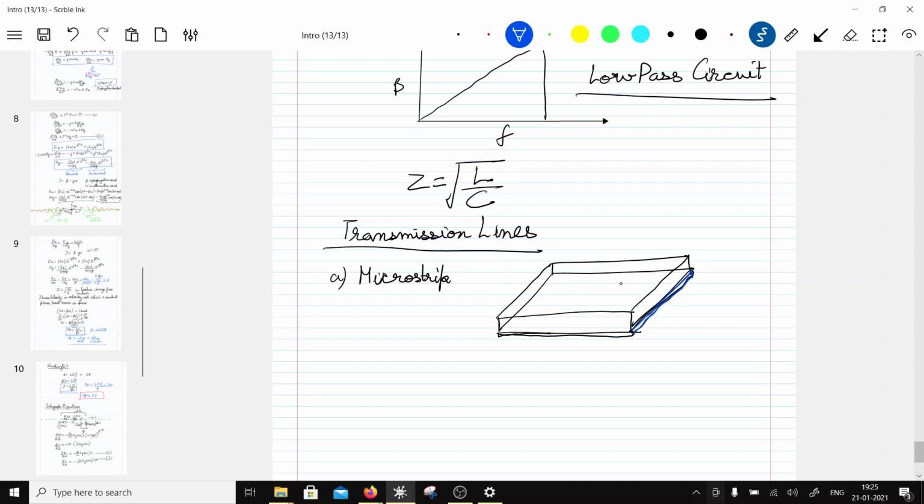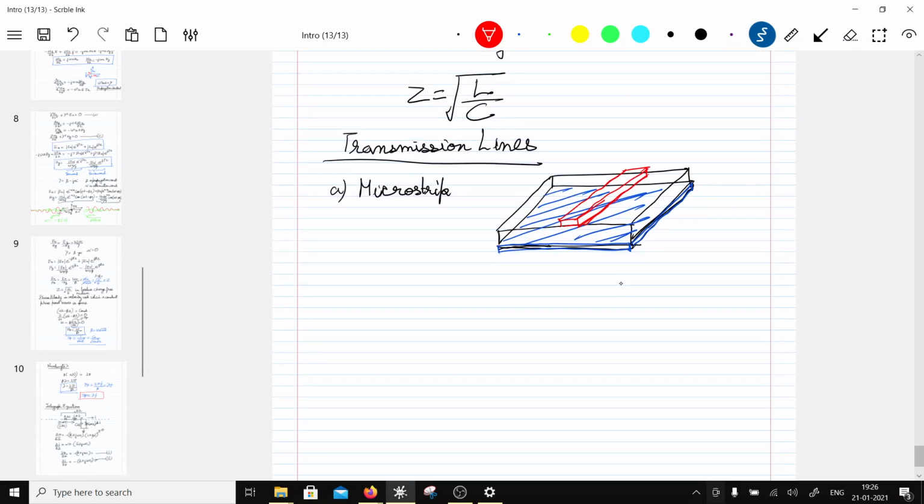So this is your ground plane, this entire thing is a ground plane. And on top of it there is going to be a line like this. So there is a ground plane and there is a line on top of it. This is called a microstrip line, right.